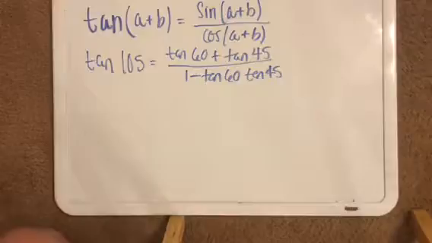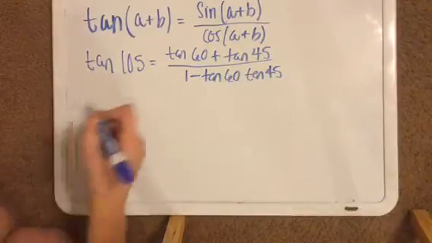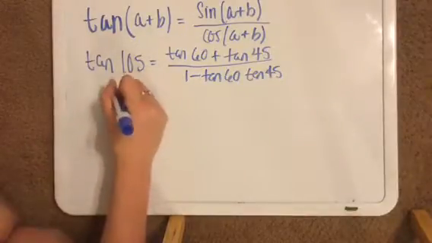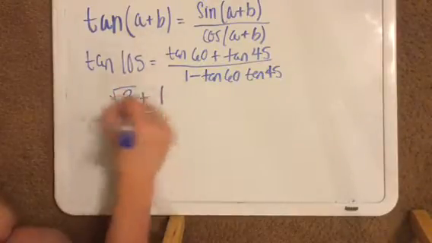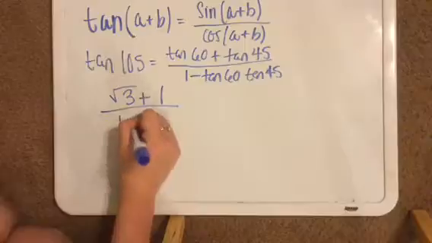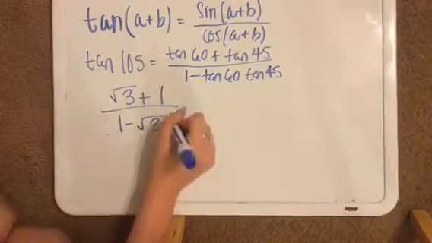Once you have written down all of your values, you will locate 60 and 45 on the unit circle and use the corresponding points, and those are the square root of 3 plus 1 over 1 minus the square root of 3 times 1.